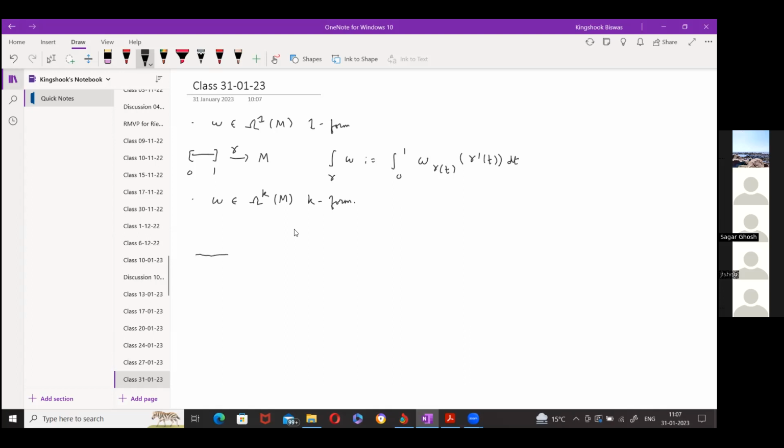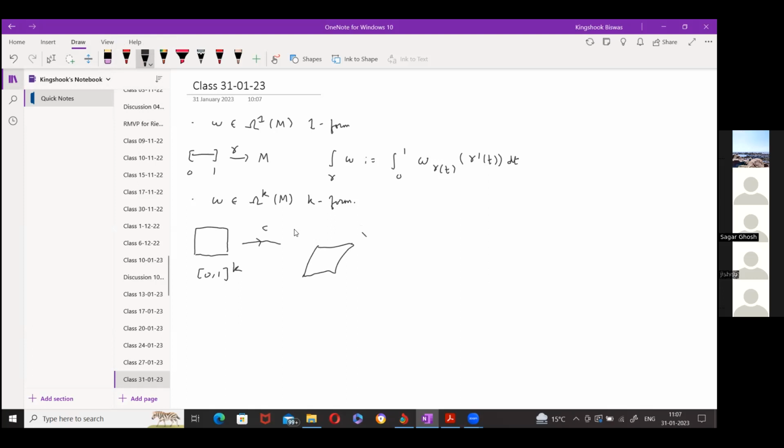That means you take the unit cube, [0,1] to the power K, and a K cube is a smooth map c from [0,1] to the power K into the manifold. Okay. So it will be some, oh, sorry, it's a 2 cube. Yeah, sorry. Some curved cube sitting inside your manifold.